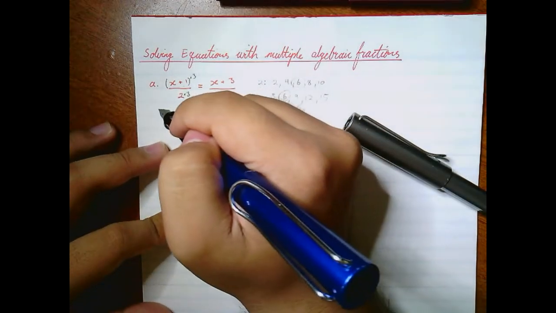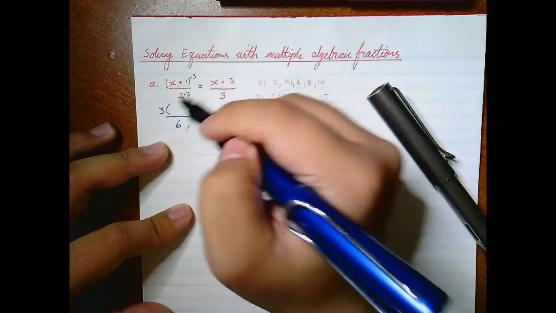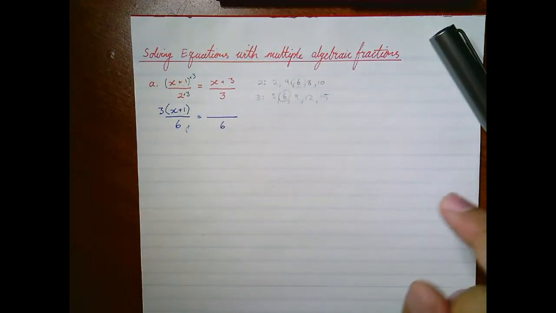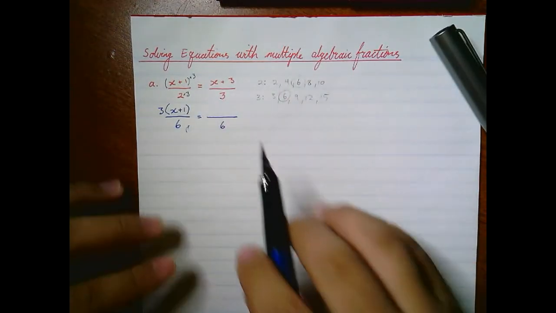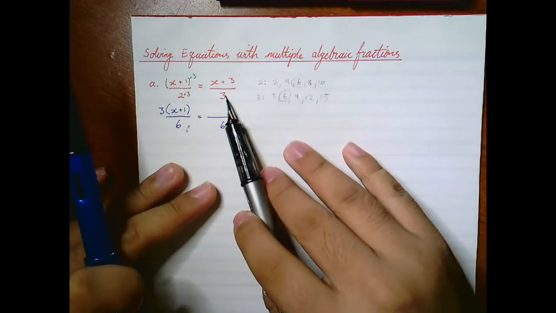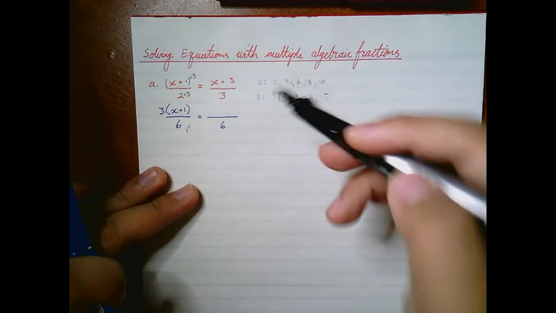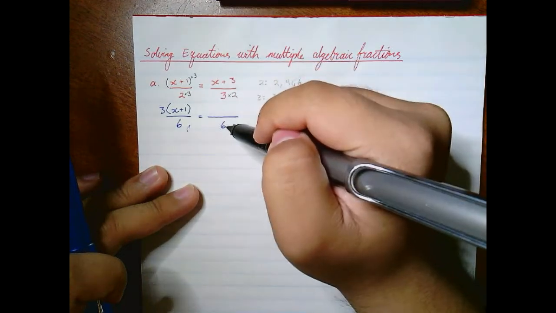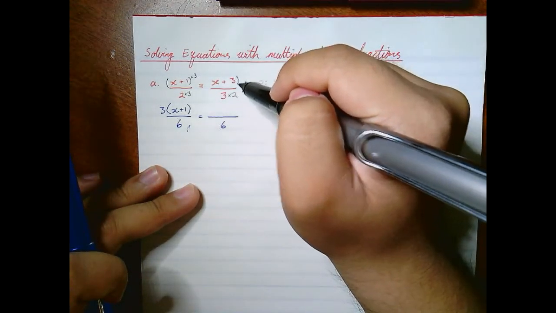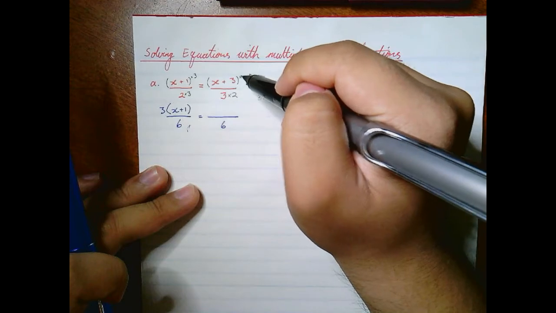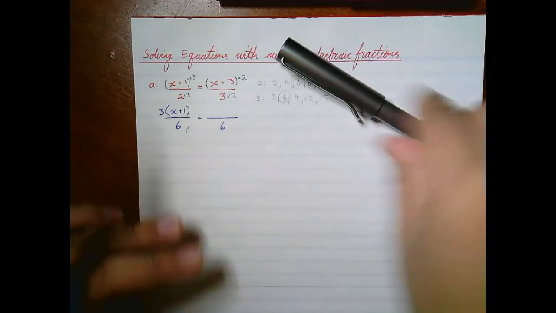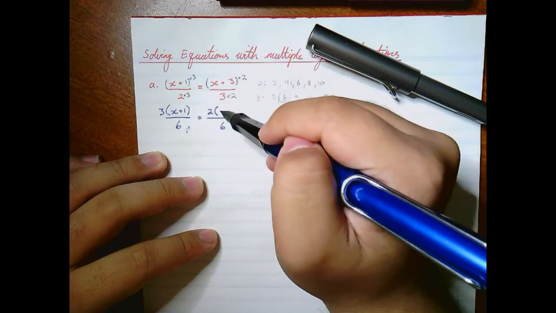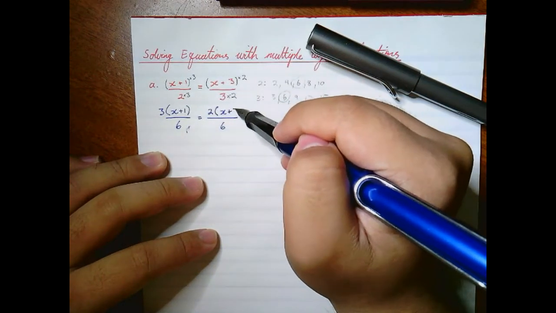So this will now become 3(x + 1). And for 3 to become 6, we needed a factor of 2, because 3 times 2 gave us 6. Which means we multiply the entire numerator by 2 as well, which will give us, as a group, 2(x + 3).